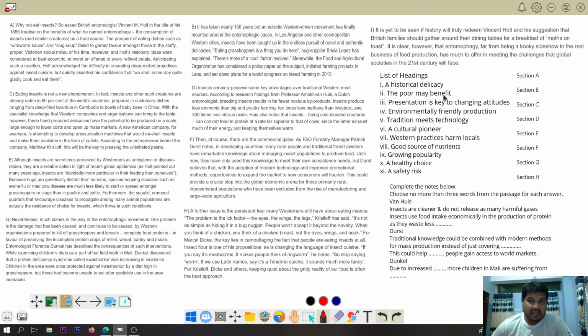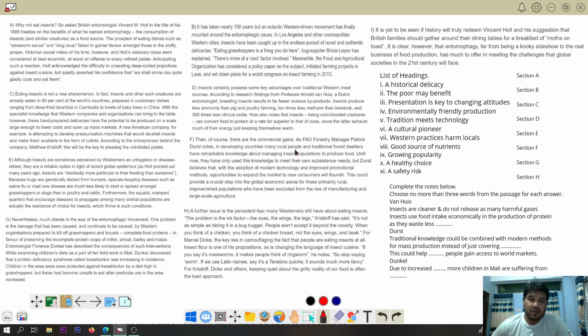Now, the best thing about this particular question type in the IELTS test is the fact that they already tell you where to look for the answers. So for example, it says these are the list of headings. These are the headings that we need to match with these particular paragraphs.